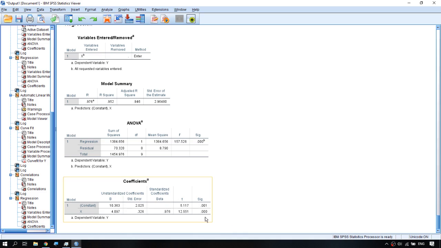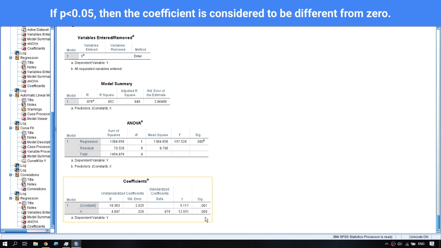Now here the p-value helps you determine if the corresponding coefficient is different from 0 if you are considering the population data. So in my case here, the p-value for the constant term is 0.001, which is much smaller than 0.05. The null hypothesis here is that the coefficient is equal to 0, and the alternative hypothesis is that the coefficient is not equal to 0.